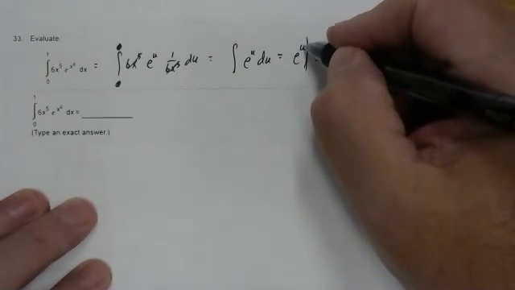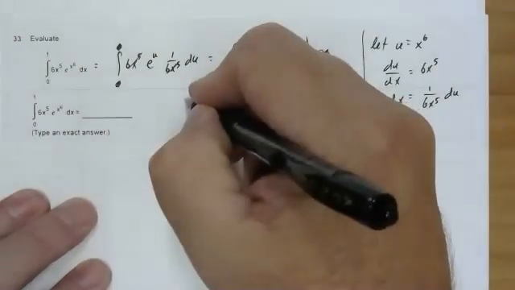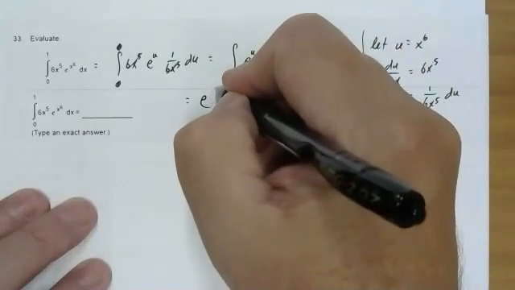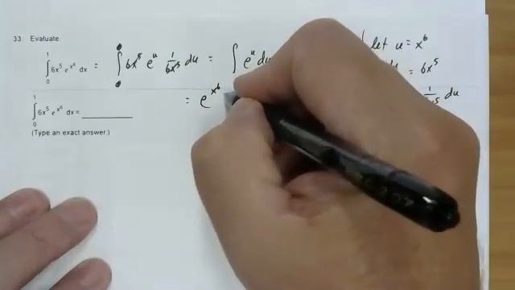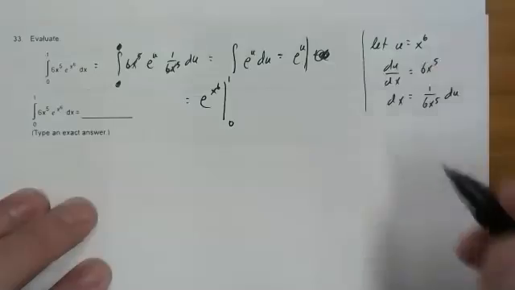Now let me switch from u back to x. So this is now going to be u is x to the sixth. And now I can put back in my 0 and 1.